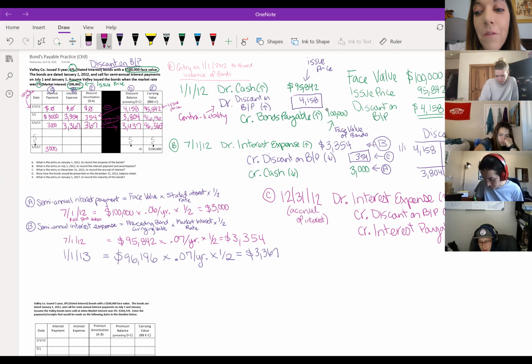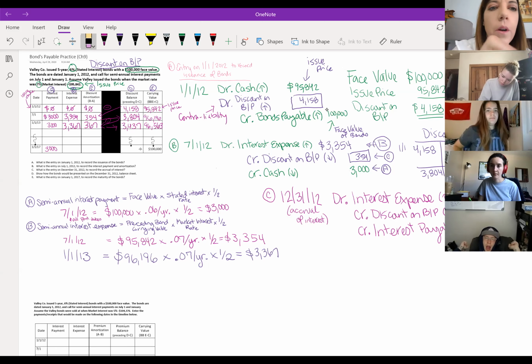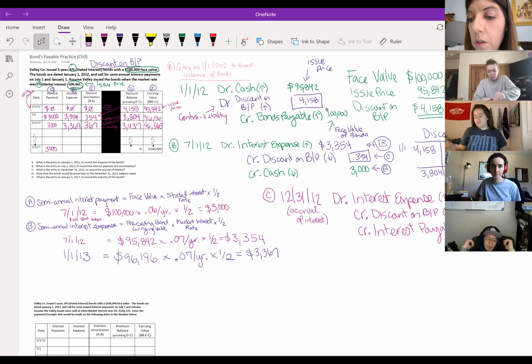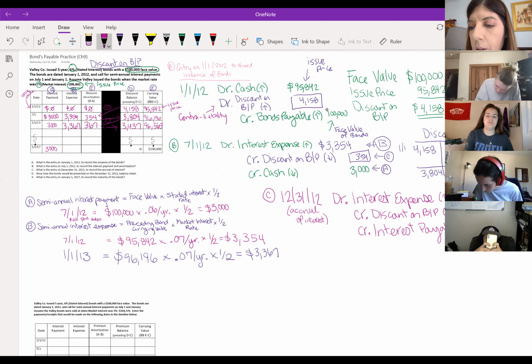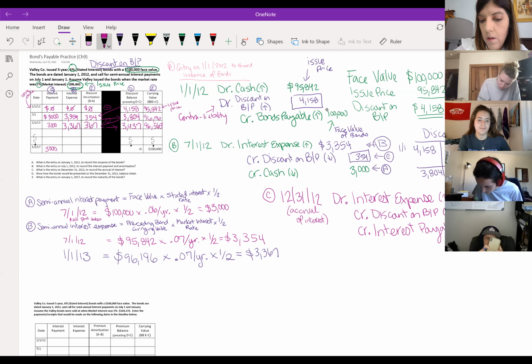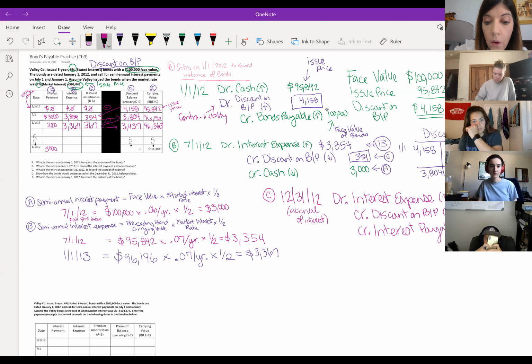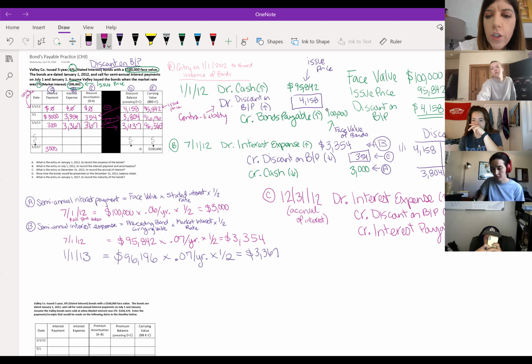We're going to pay it on January 1st. So as of December 31st, sorry, that's not a down, it's an up. We're going to credit interest payable, increasing the payable, because now we have an amount owed, $3,000 from column A. On 1/1/2013, what will happen is we'll have a debit to interest payable and a credit to cash when we actually pay it out. So it's a very short-lived payable, but that is the one difference.